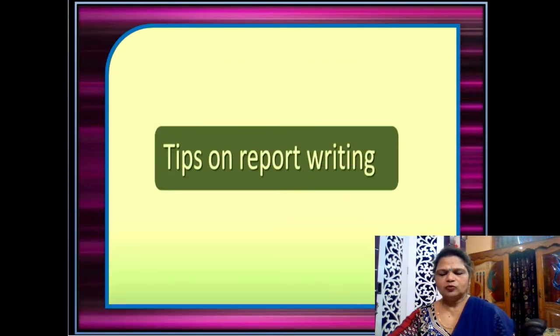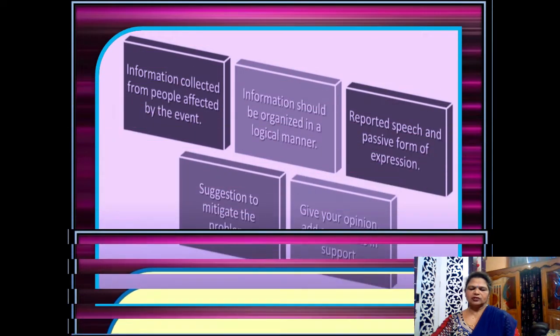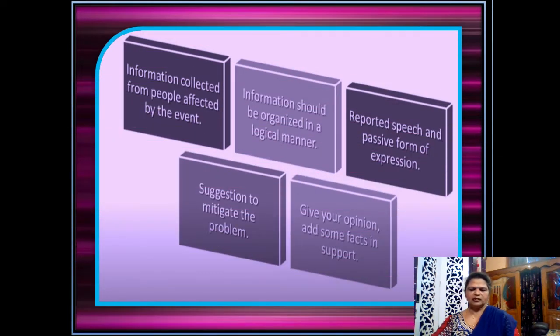Now, I want to tell you some tips for writing a report. The first process of report writing is to collect the information. This information must be collected from people who were affected by the event. Then the information should be organized in a logical manner.